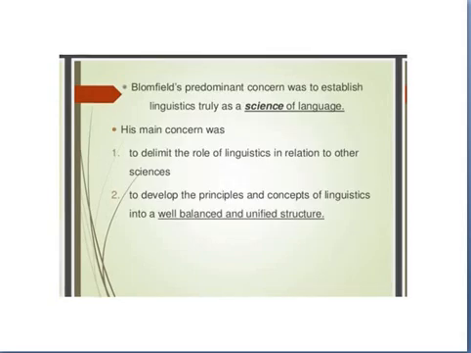Bloomfield's predominant concern was to establish linguistics purely as a science of language. His main concern was to delimit the role of linguistics in relation to other sciences and to develop the principles of linguistics into a well balanced and unified structure.